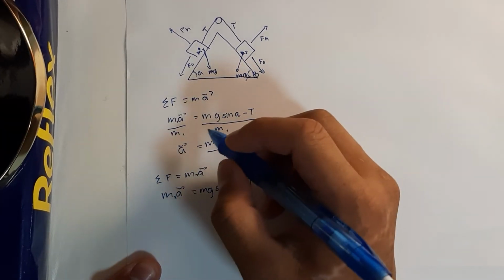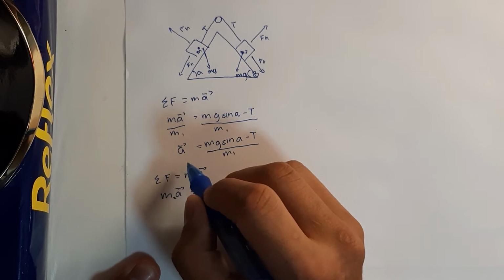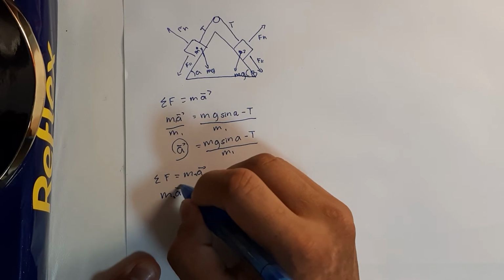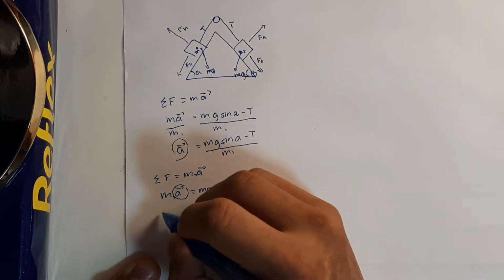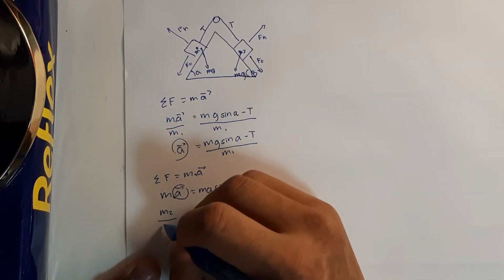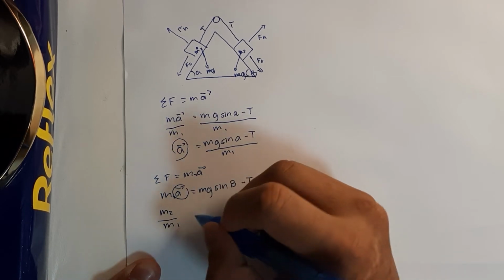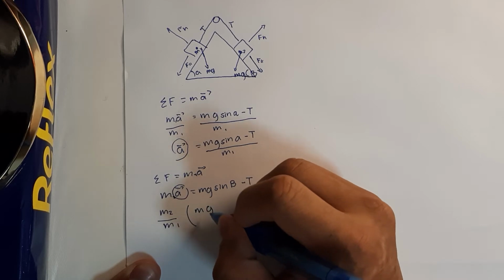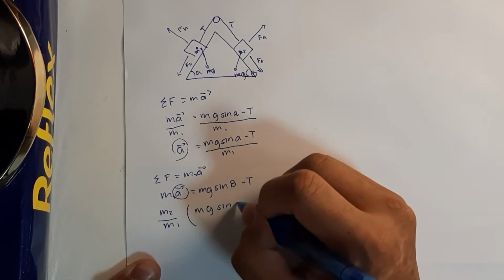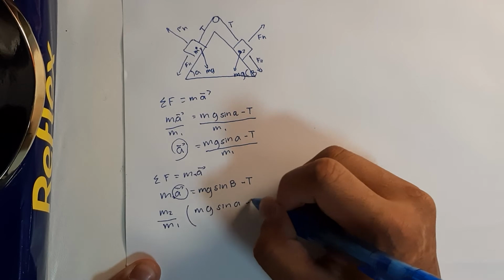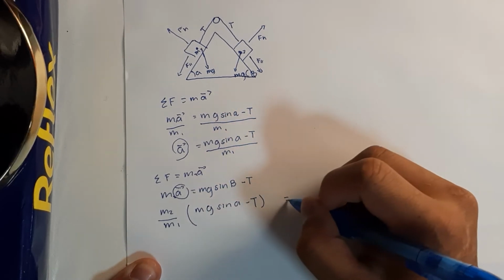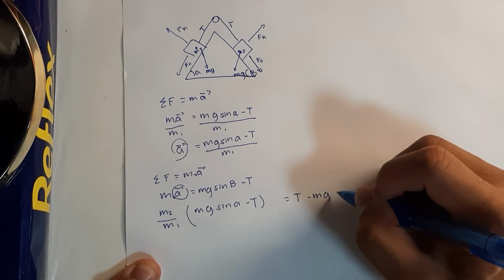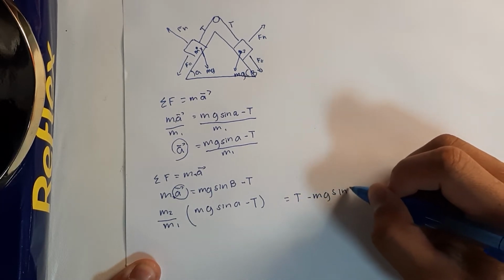We see that we've got the a, the acceleration for m1, so we just substitute it there. So that would be m2 over m1 times (m1 g sine alpha minus T) equals T minus m2 g sine beta.